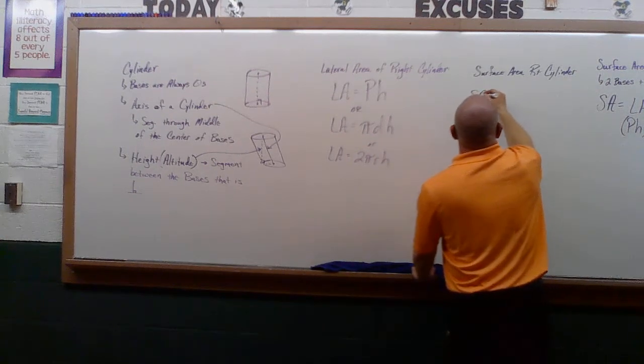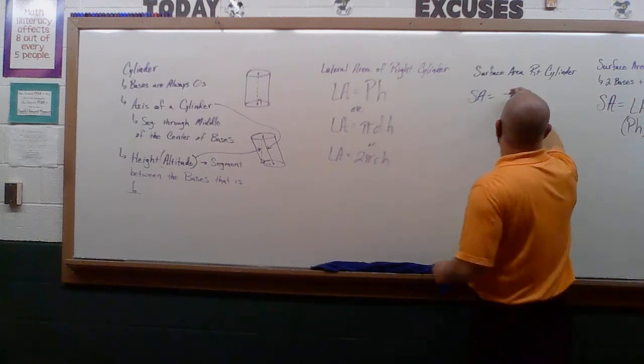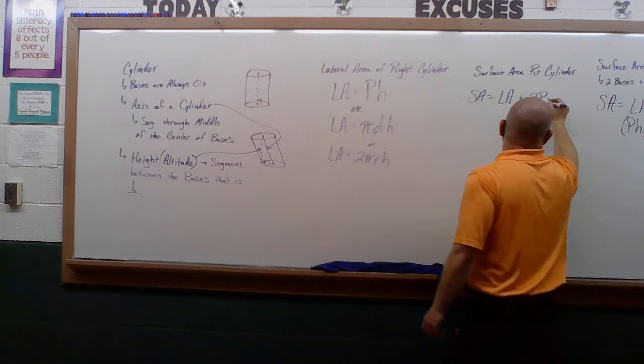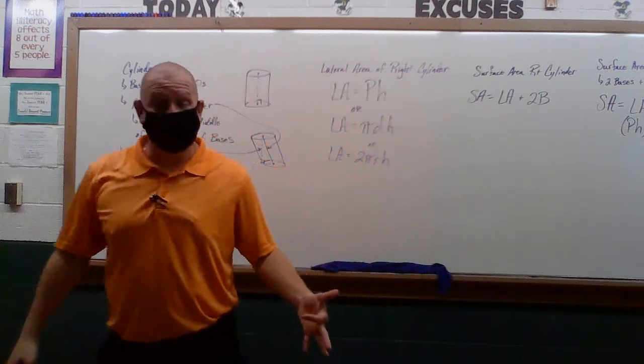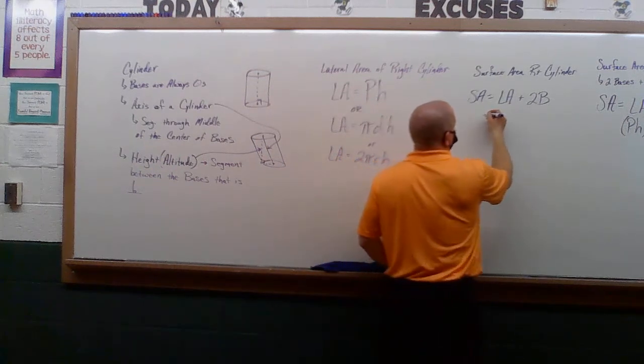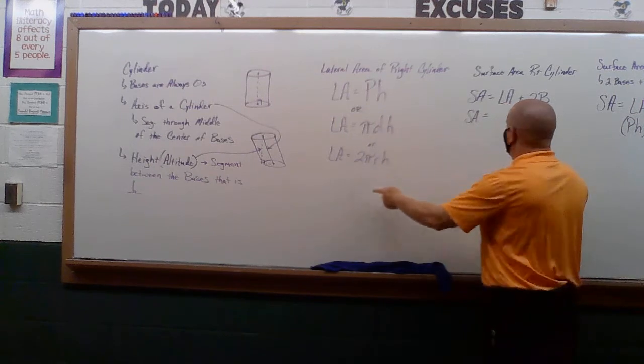So surface area equals. I can write it just like I did over here, the lateral area plus 2b, right? I can still do that. But because the lateral area kind of changes, we can rewrite the surface area as whichever one of these you like better.